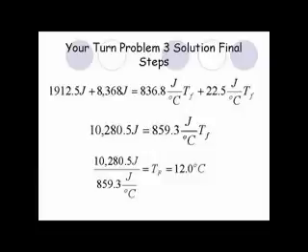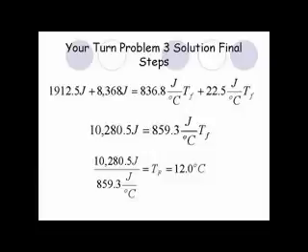And then the 22.5 joules per degree Celsius TF, we add that to both sides so it cancels out on the heat loss side and is added on the heat gain side to the already present 836.8 joules per degree Celsius TF. So combining those like terms, we have 10,280.5 joules is equal to 859.3 joules per degree Celsius TF.